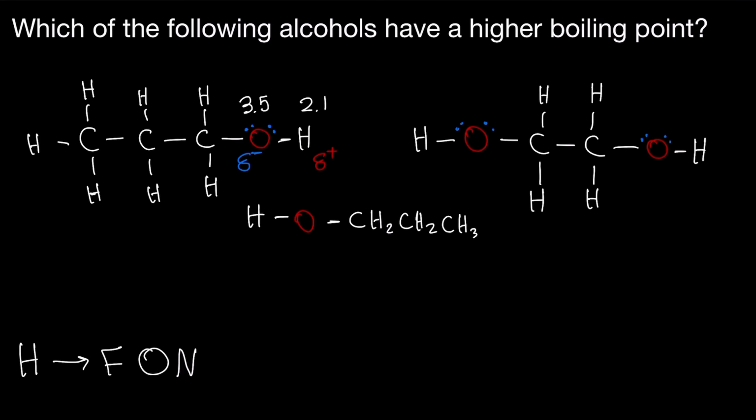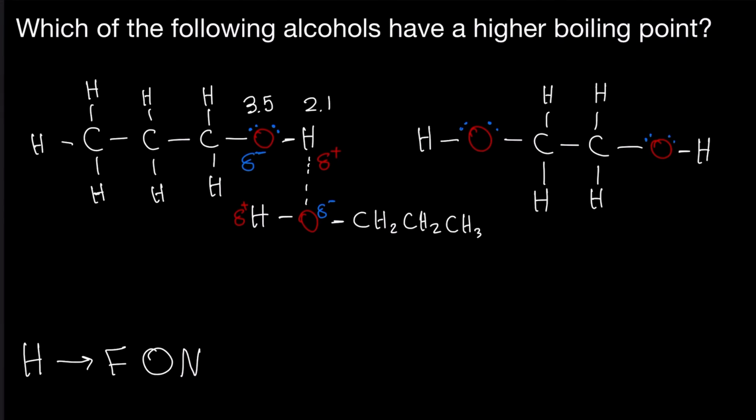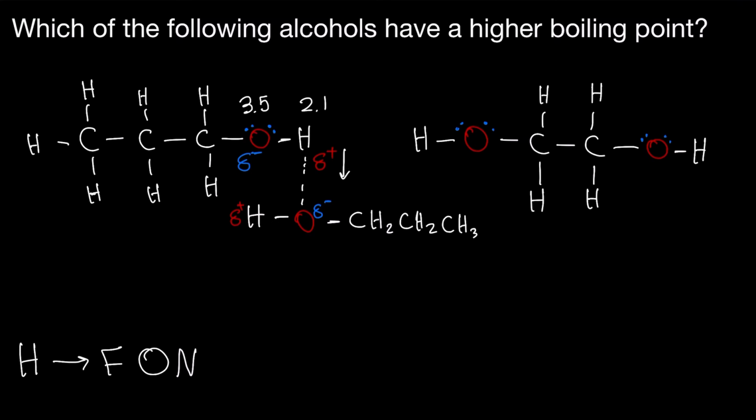So if I redraw the structure here and give everything the correct charges, the hydrogen will have a partial positive, partial negative for the oxygen. What's going to happen is that the oxygen that's partially negatively charged is going to be attracted toward the partially positive charged hydrogen, because opposites attract when it comes to charges.